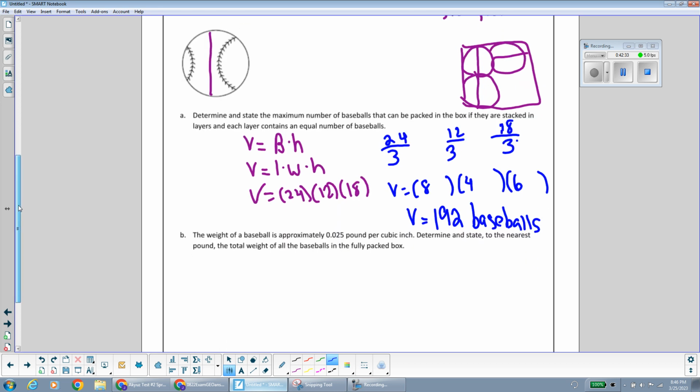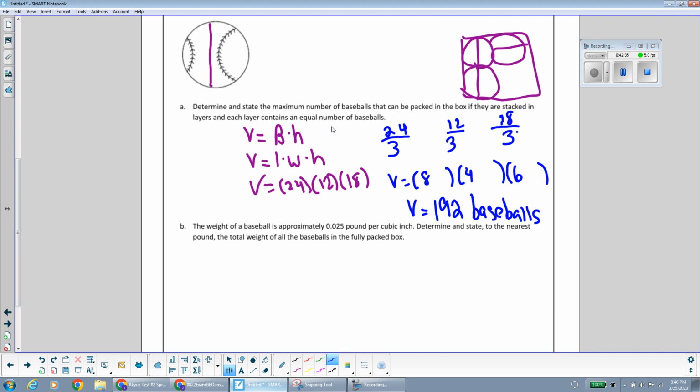So key thing to take away here that is going to be important on the test. If you want to find out how much of something you can put on a shelf or in a box, take the length, the width, and the height, and just divide by the dimensions that you have. Okay.